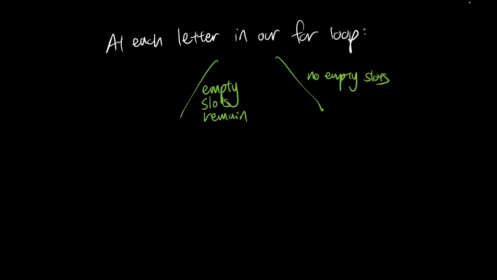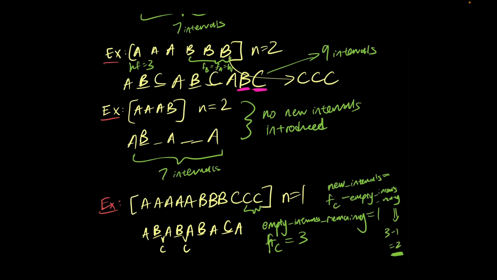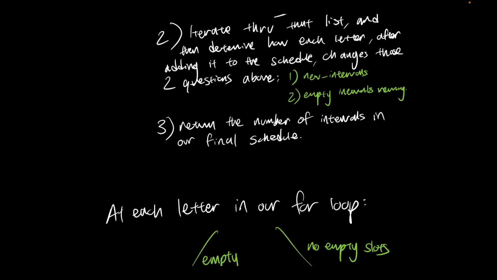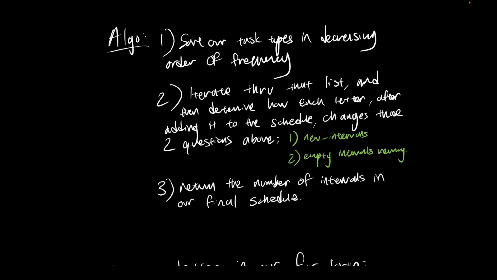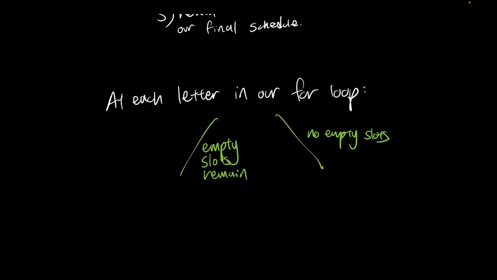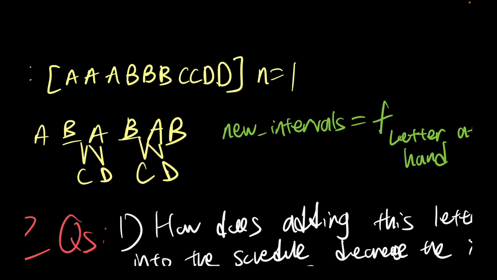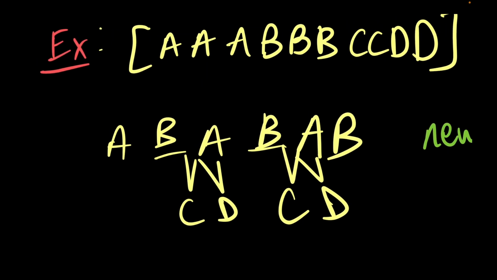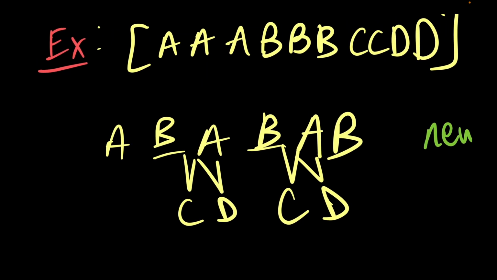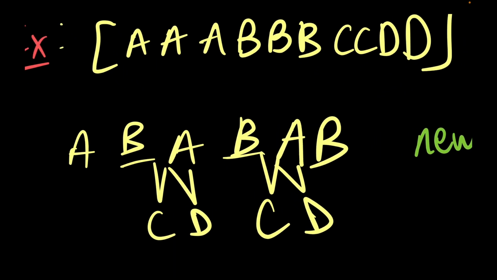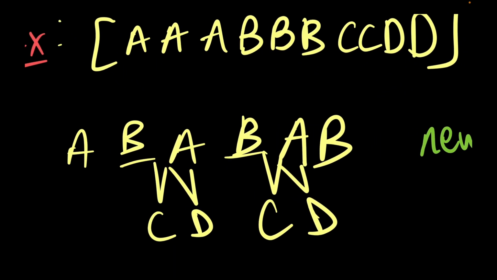If there are no empty slots, then we can do what we did in this example. At each letter in our for loop, when there's no empty slots remaining, we have to do what we did in this last example, which is literally just add the letter to the schedule as we did with C and D. We have to put them in some sort of gaps, but we know that it will fit. It'll be separated by enough intervals in between, if we just follow the pattern of filling in the previous letters.